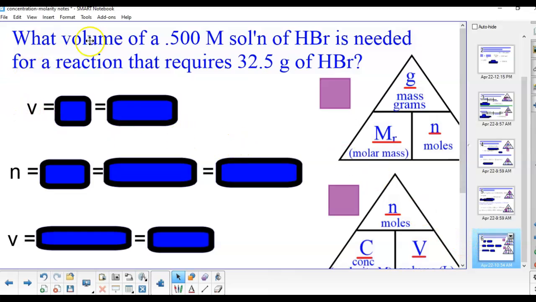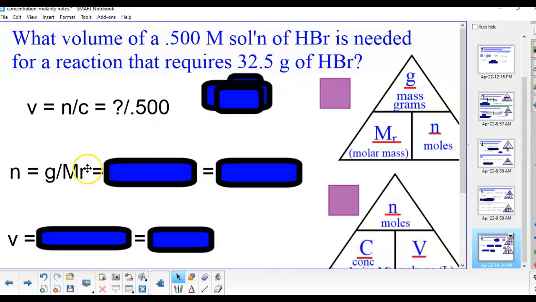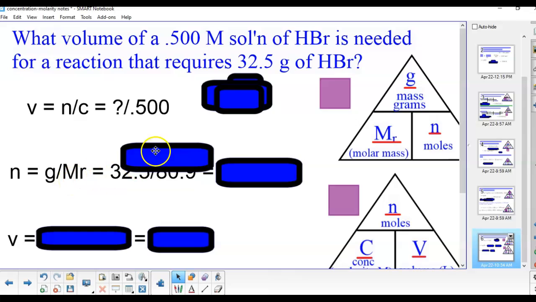One last question. What volume? Again, volume then is going to be moles divided by concentration. I don't have moles. I have grams. So I'm going to need to find moles. Grams divided by molar mass.